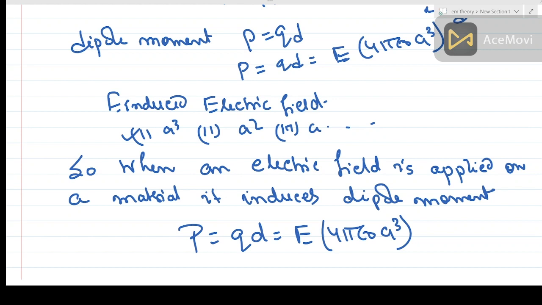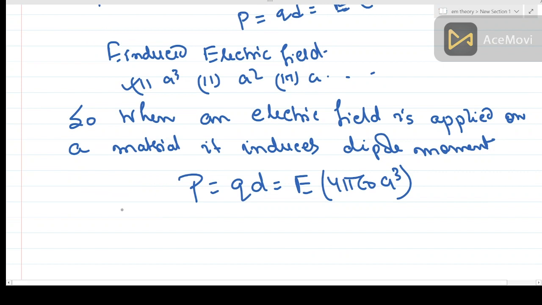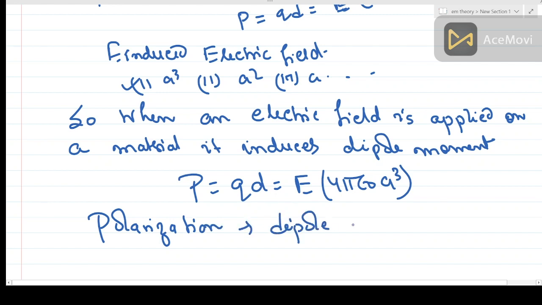Because polarization means dipole moment per unit volume. When you are defining polarization, it is dipole moment per unit volume.